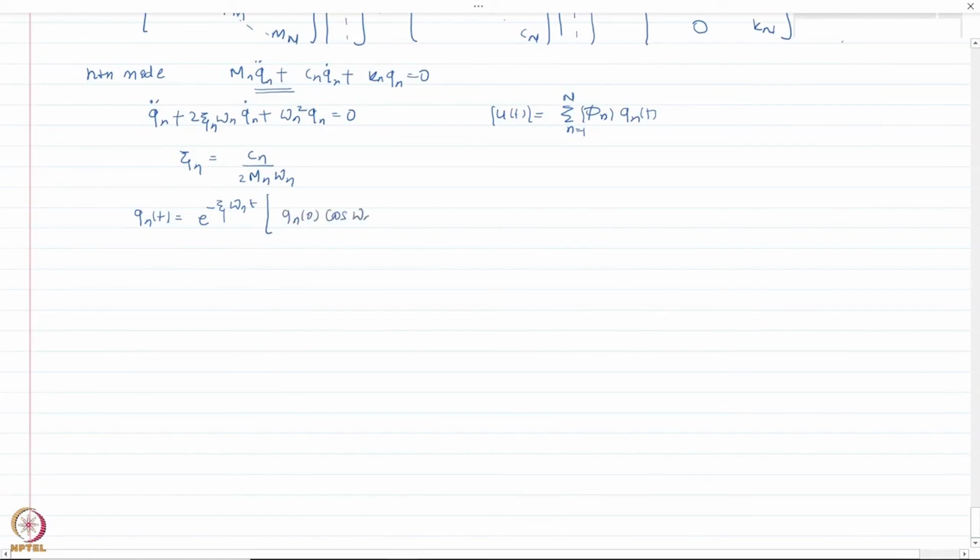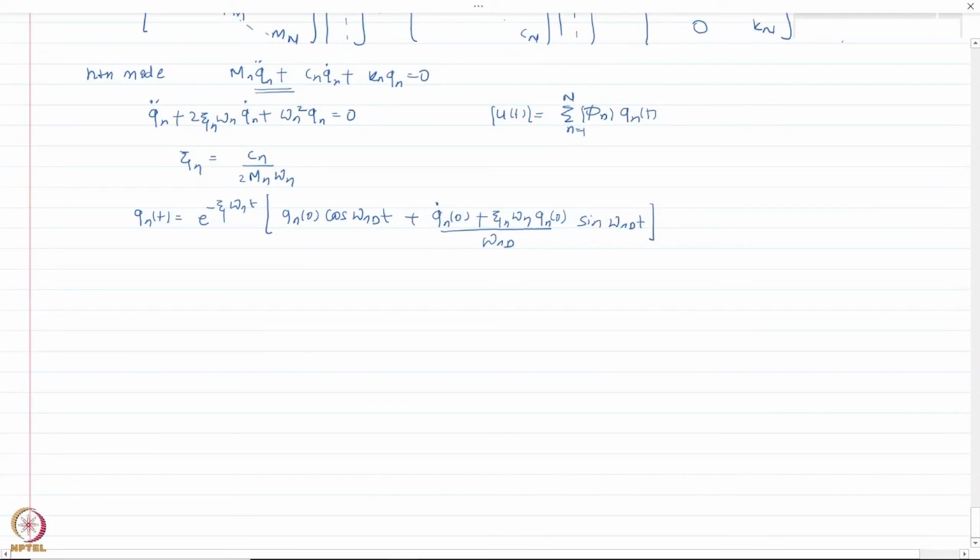Remember, now there is damping in each of the modes, so I have to consider the damped frequency.